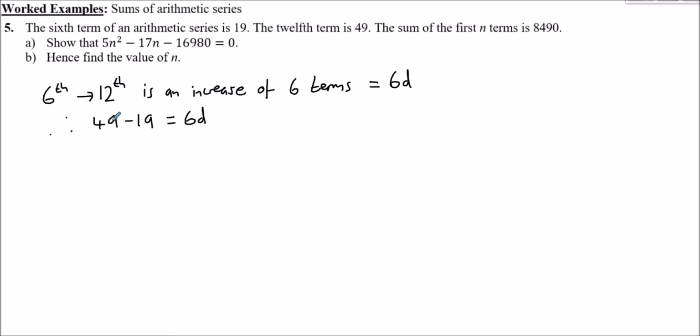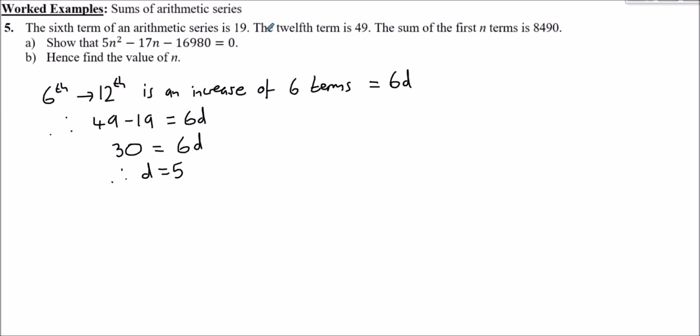So 30 equals 6d. So therefore the common difference has to be 5. And you can test this out. If the 6th is 19, the 7th would be 24, 8th would be 29, 9th would be 34, 10th would be 39, just adding 5 each time, 11th would be 44, and the 12th would be 49. So a difference of 5 would fit in perfectly.